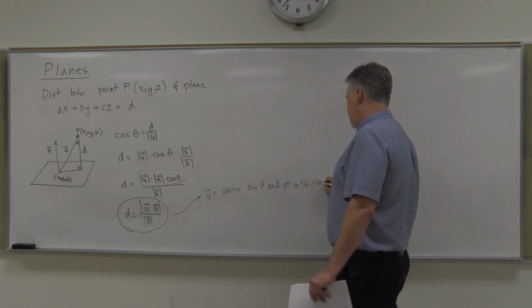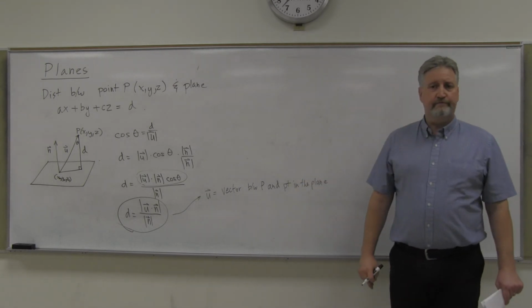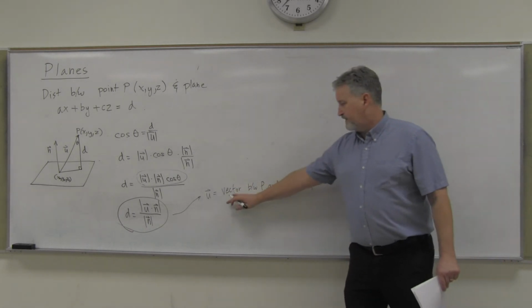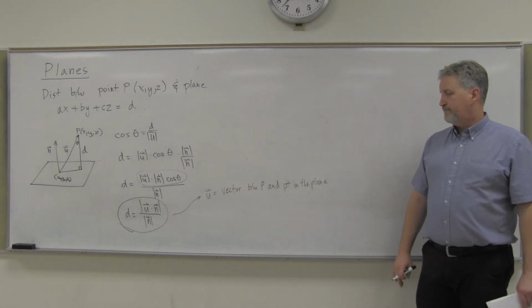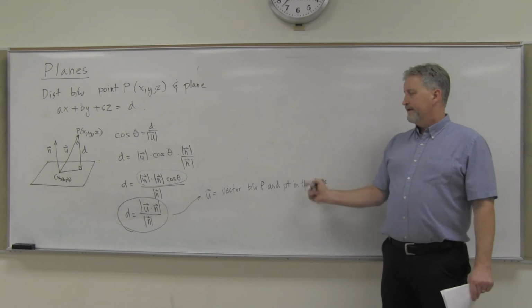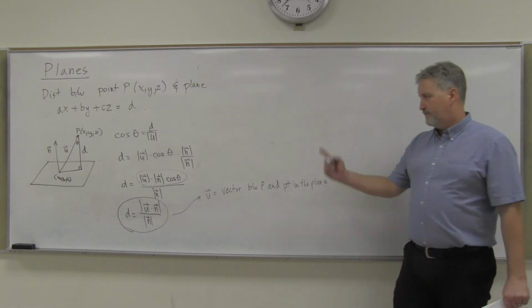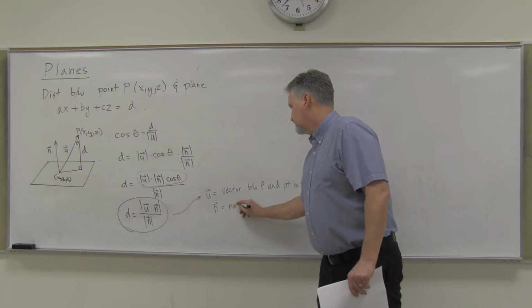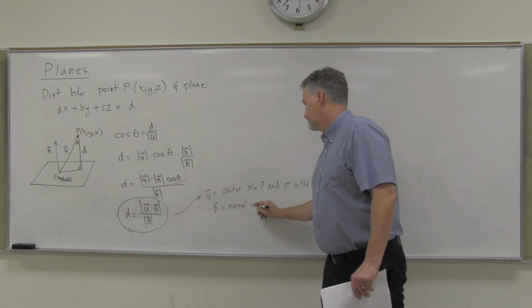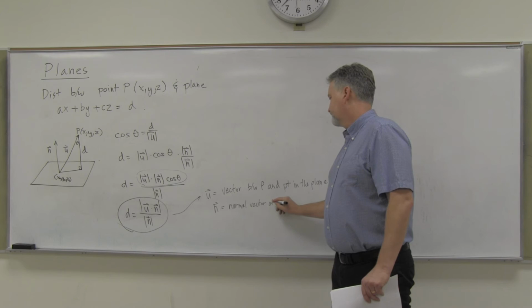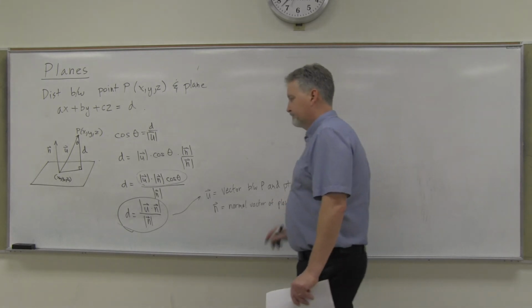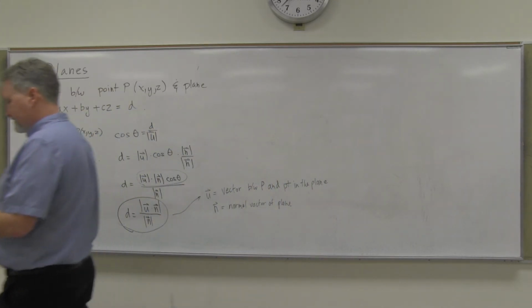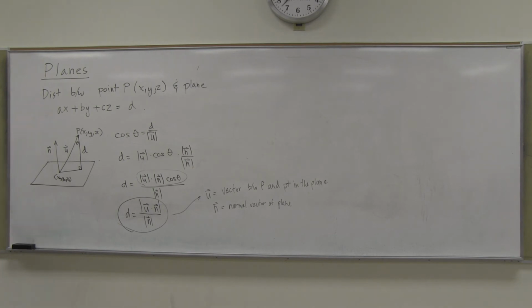Doesn't matter which point in the plane you use. u is just the vector between the point P and any point in the plane. And then n is the normal vector of your plane. That's how you get the distance between a point and a plane. Shall we try one?